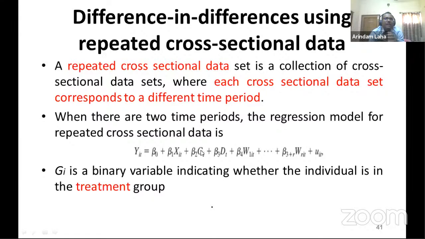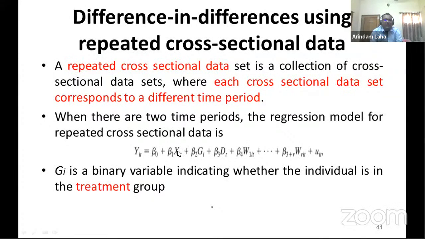In my earlier discussion we had a treatment group, the rural population, and a control group, the urban population. So G_i is a binary variable: 1 for rural India, 0 for urban India. This is the treatment group.